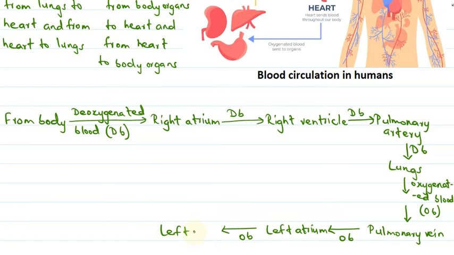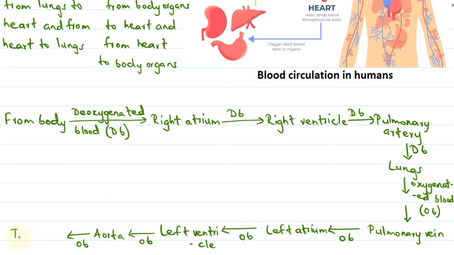It goes into the left ventricle, and from left ventricle again this oxygenated blood is pumped into aorta, and this aorta is the largest artery, and then the aorta branches out further and supplies blood, that is oxygenated blood is now being supplied from aorta to different parts of the body.